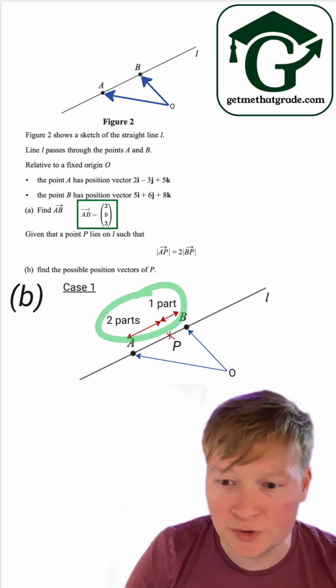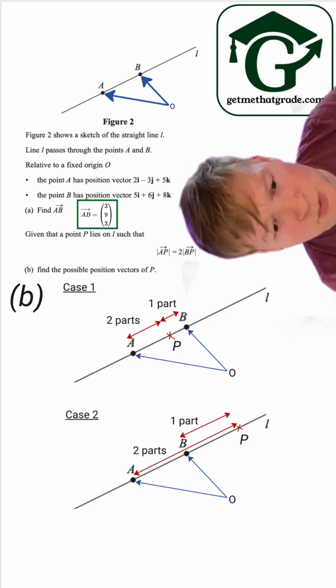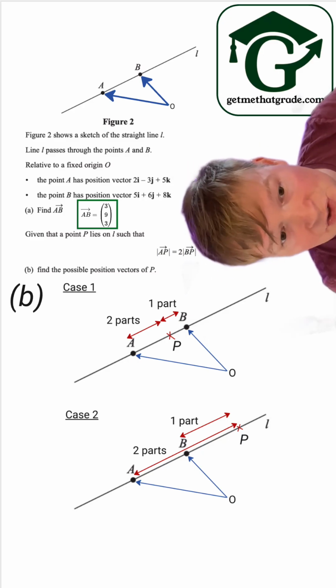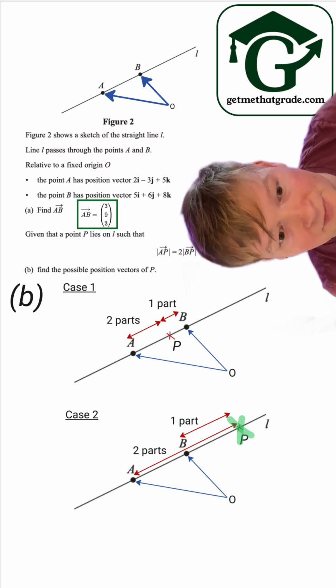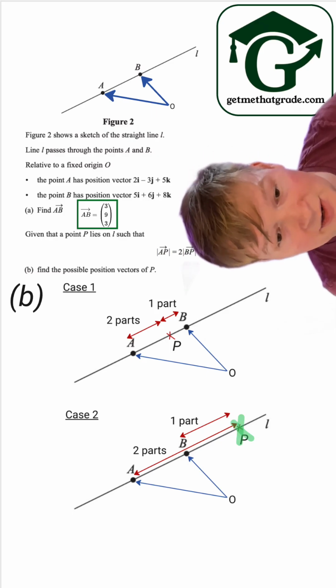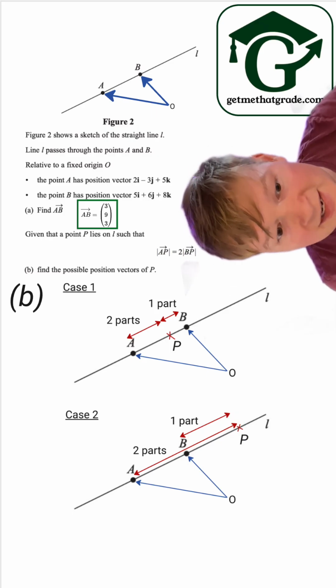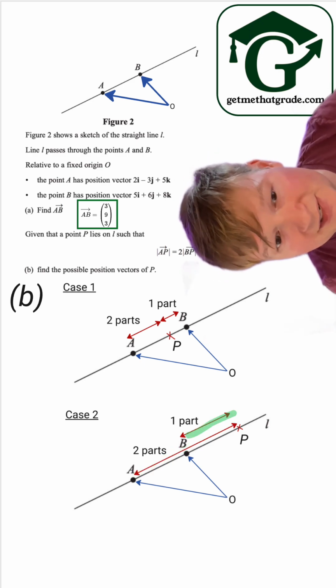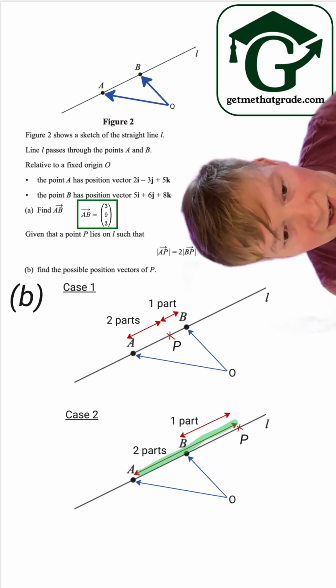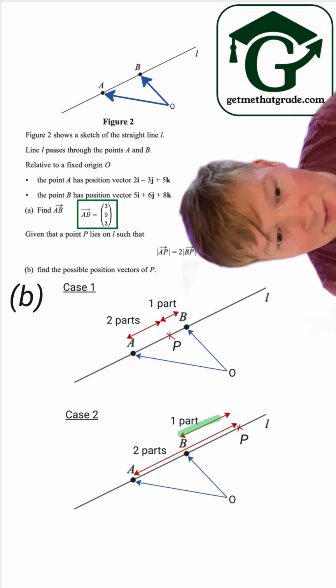That will be important. Notice there's also another case, case 2, where P is actually not between A and B, but it's in fact this side of B. Notice still, the distance from A to P is double the distance from B to P. So if this is 2 parts, this is 1 part.